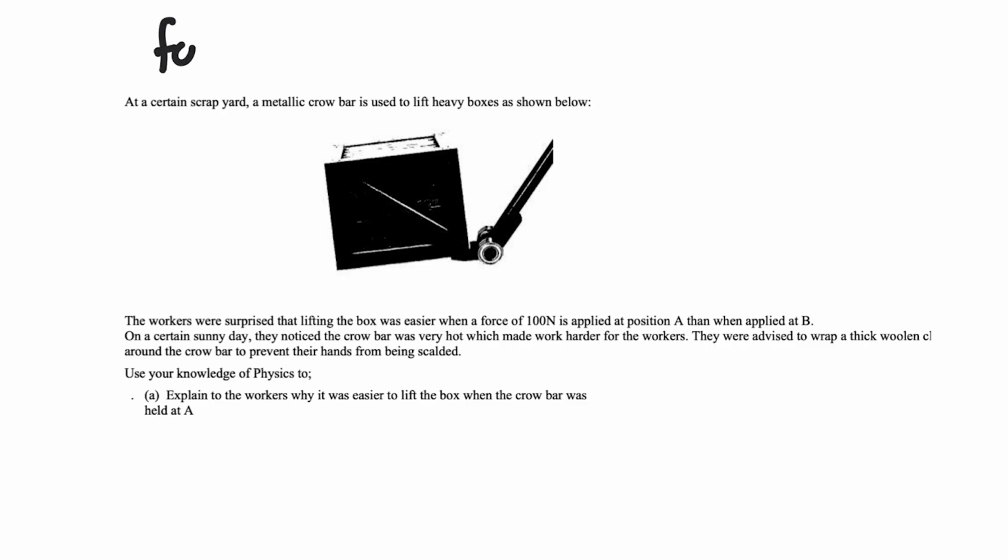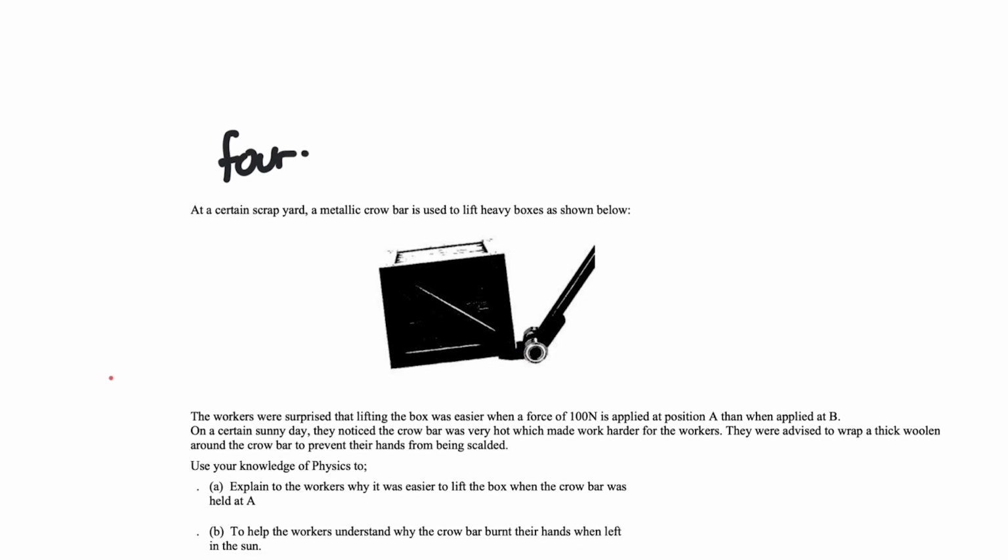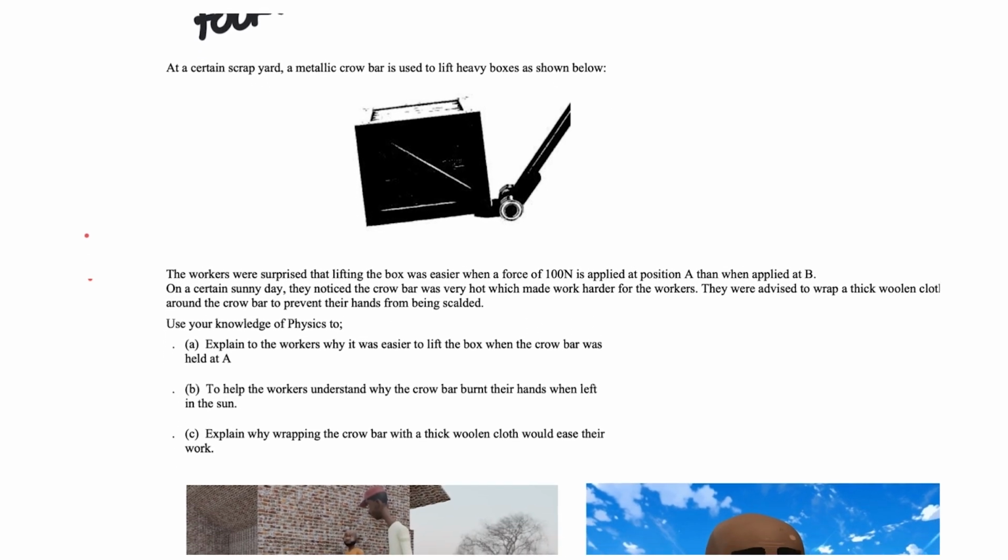Well, let us look at our next item. This is item 4. Let us go through this item. At a certain scrap yard, a metallic crowbar is used to lift heavy boxes as shown below. So in our diagram, this is our box and a metallic crowbar. It is used to lift the heavy boxes as shown above.